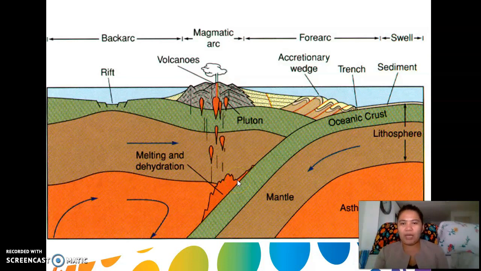And then the backmost portion of this entire convergence is referred to as the back arc. Okay, again, forearc, magmatic area in the middle, and then the back arc, or fissures or cracks formed on the ocean floor.